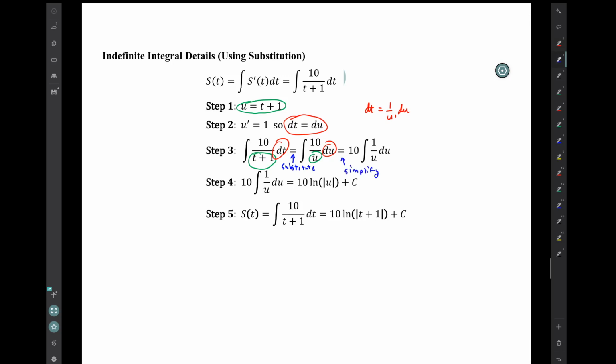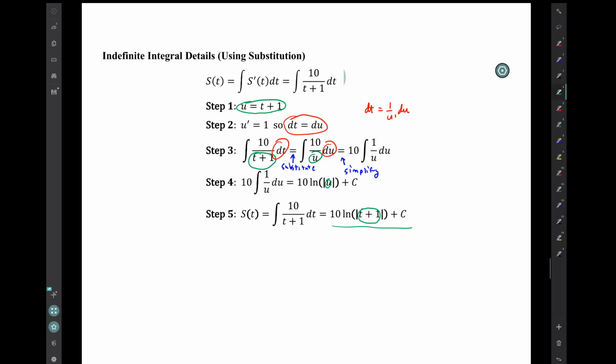So we end up with, at the end of step 3, this simplified basic integral involving just u, not x. Step 4, we integrate that to get 10 ln of absolute value of u plus c. That's a function form. Step 5, we substitute back, replacing u with t plus 1. So the result is this function form, capital S of t equals 10 ln of absolute value of the quantity t plus 1 plus c.